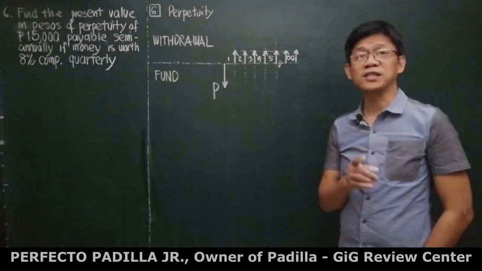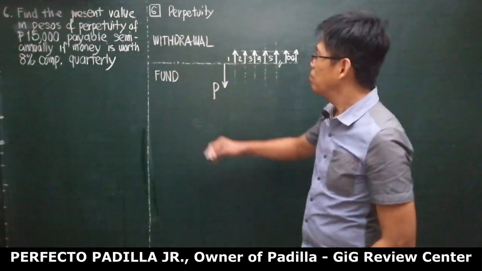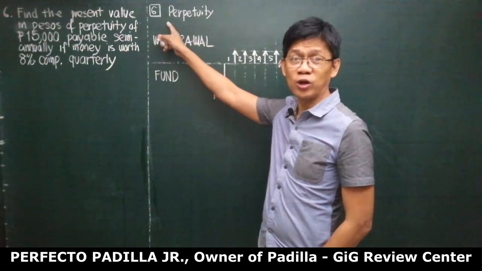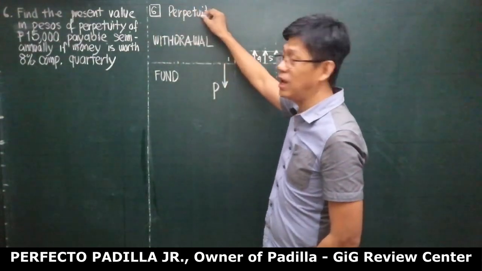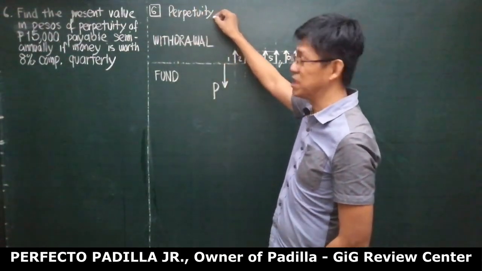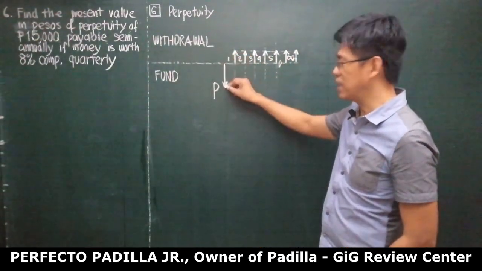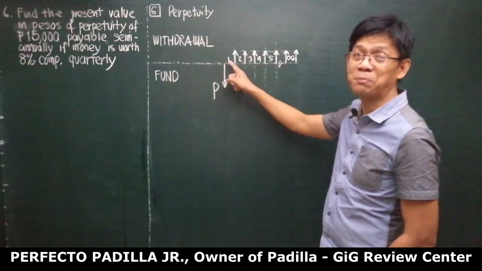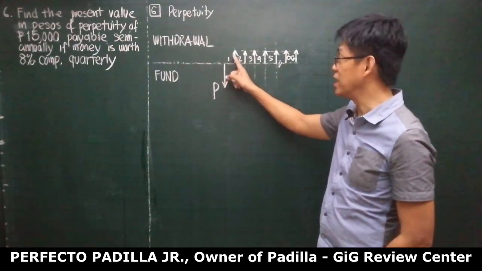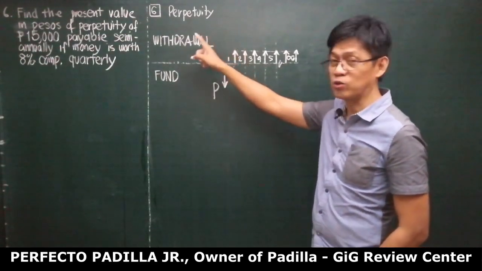What is a perpetuity? Perpetuity is a coined word for perpetual or infinite annuities. For example, you deposit a fund of P, and after one period it will gain an interest, and you withdraw the interest.